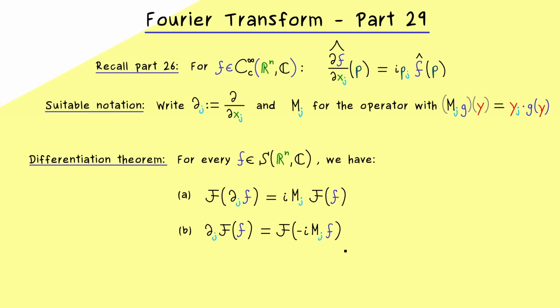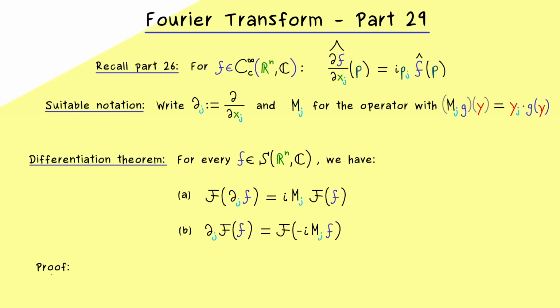And on the other hand, we also would use the partial derivative with respect to p_j here on the left hand side. Hence, you recognize that part B here also claims that the Fourier transform of f is differentiable again. Indeed, for just an integrable function f we would not have this property, but for Schwartz functions this always holds.